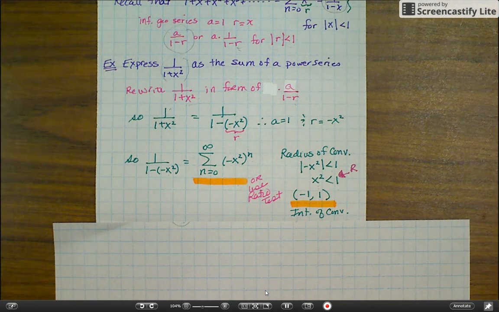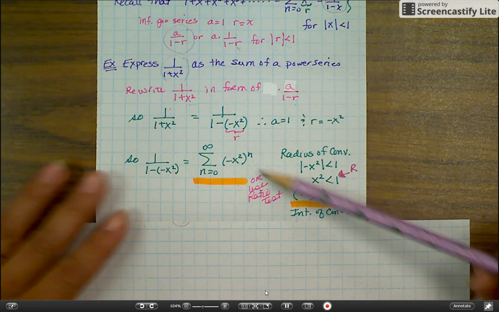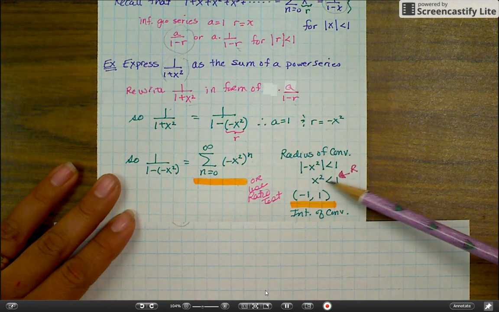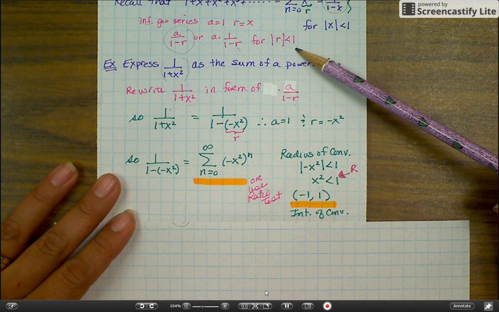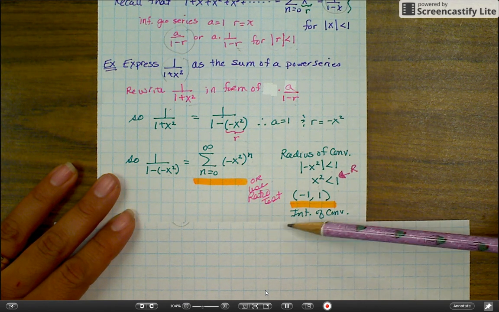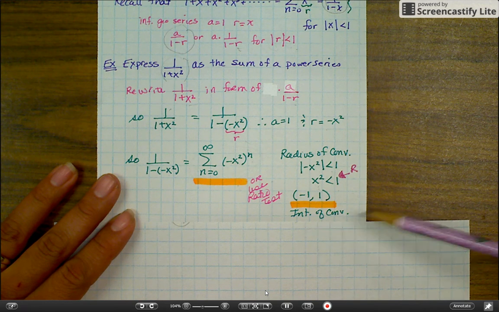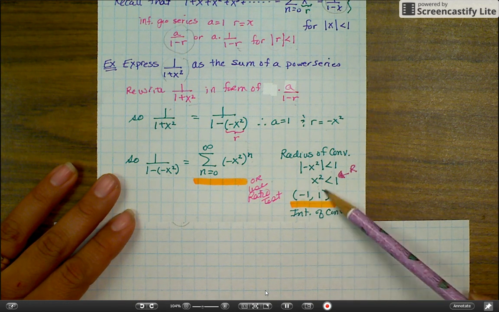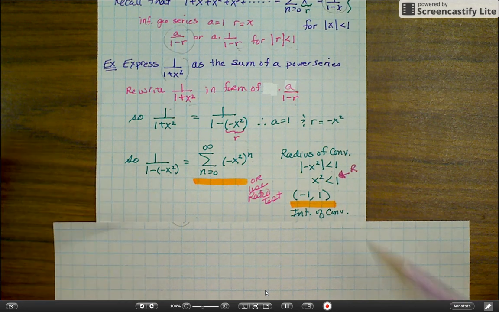If I used the ratio test instead, I would test both endpoints, and I would find that at negative 1 and 1 it diverges. Questions?